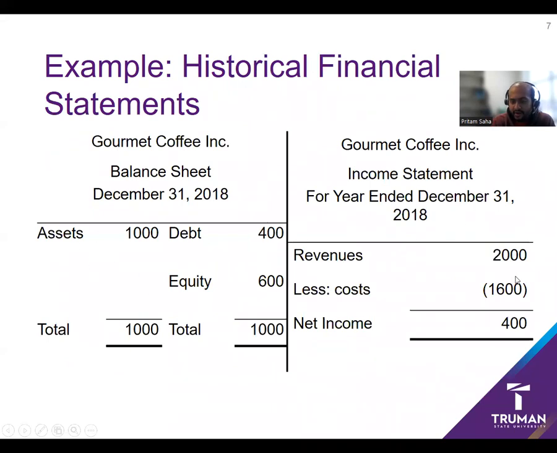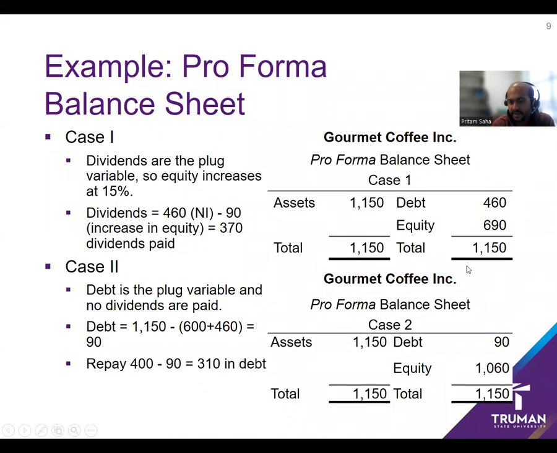So 400 over 2000, 600 over 2000. Let's keep this ratio here. Using this ratio of debt and equity as a share of sales, our new values should be 460 and 690. So that 60 is additional debt issuance and the additional 90 in equity comes from retained earnings.